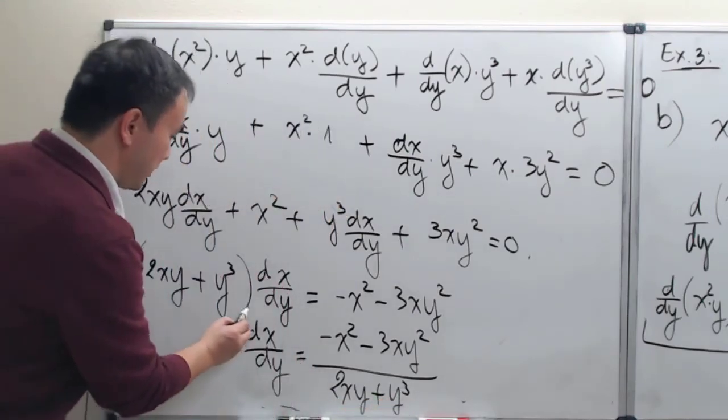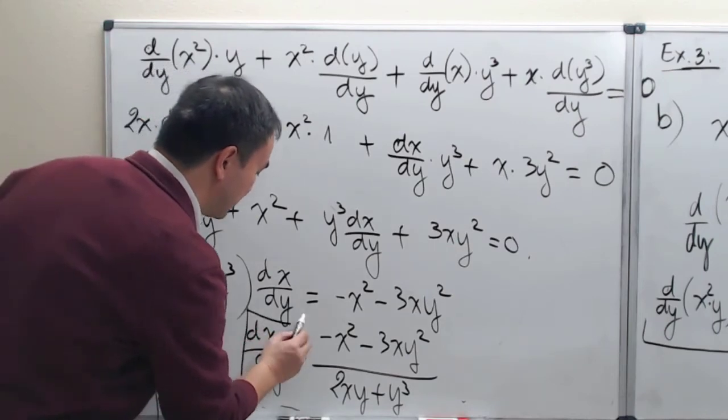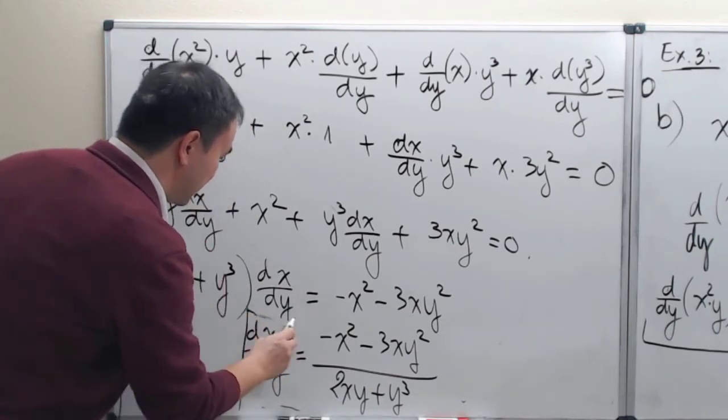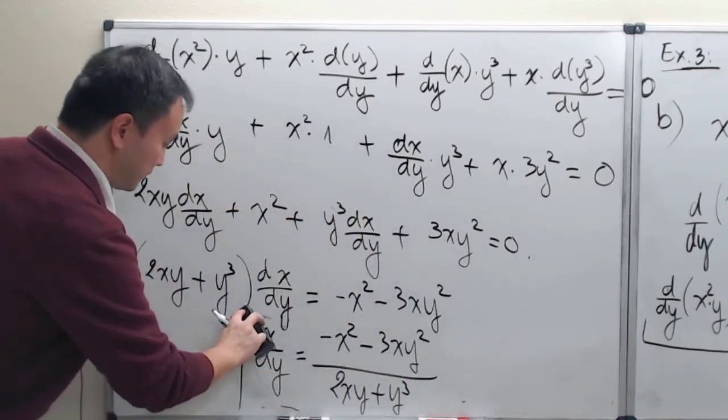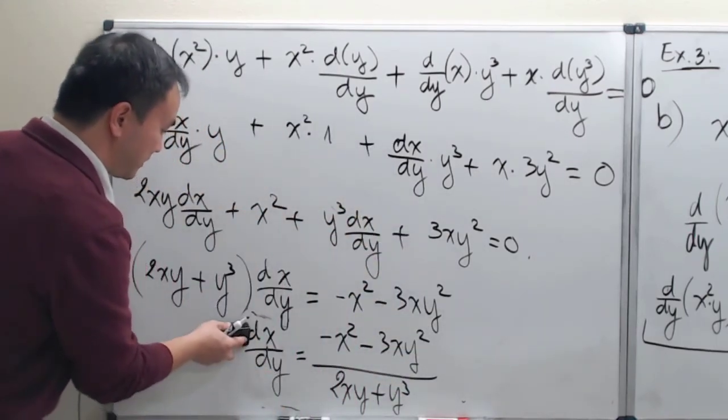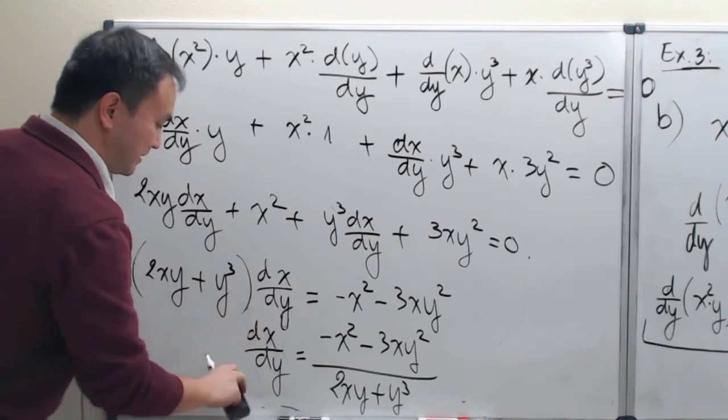Okay, and this is our final answer. Or maybe let me go back to the other board and write down the final answer there on my other board right there. Okay.